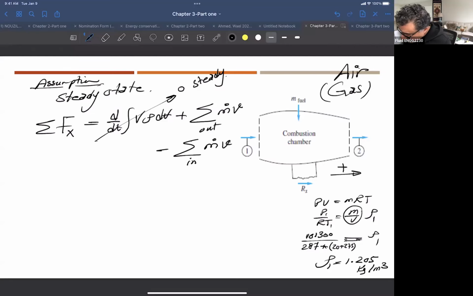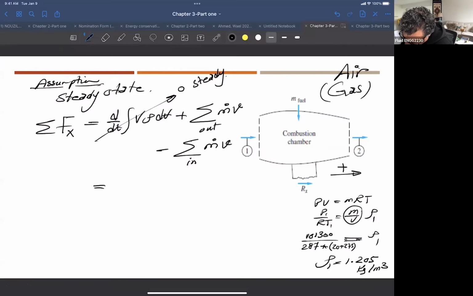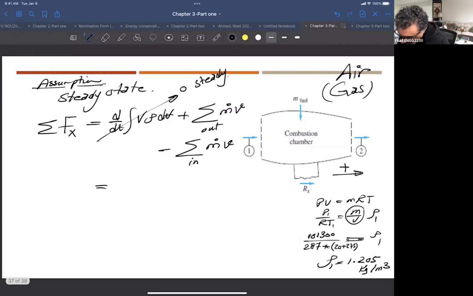Okay. So can I get m1? So this way I can just do the summation of forces here. What is the summation of forces in this case? How many forces do we have here on this control volume? Four. Okay. What forces?